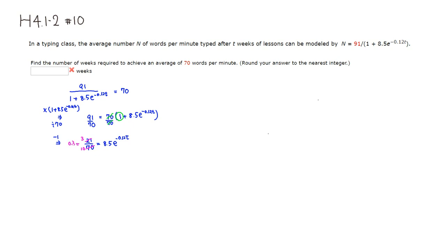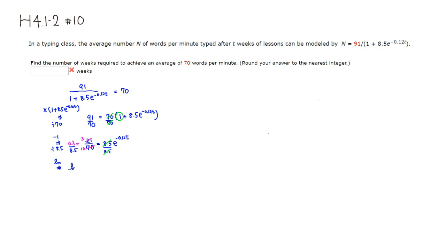Then I'm going to divide through by 8.5 on both sides, so we can cancel 8.5 there. Then we need to get rid of this e, so we can take the natural log of both sides.